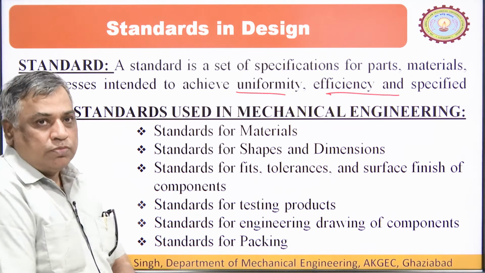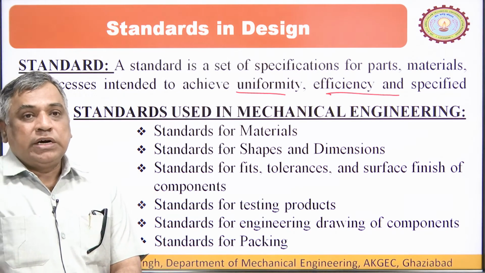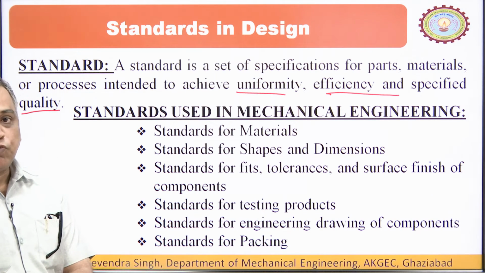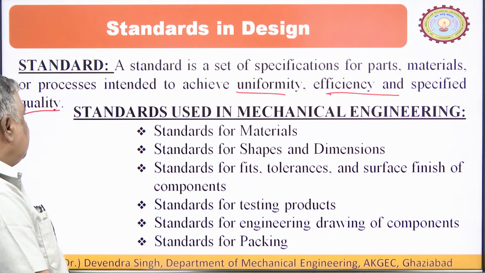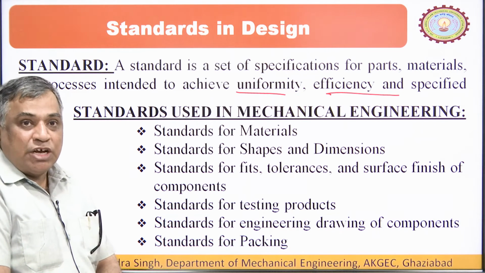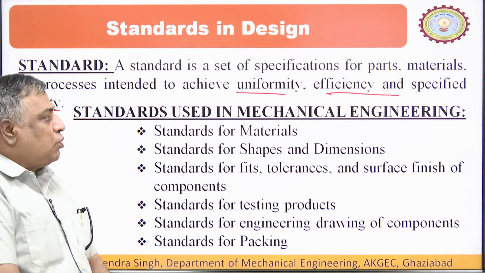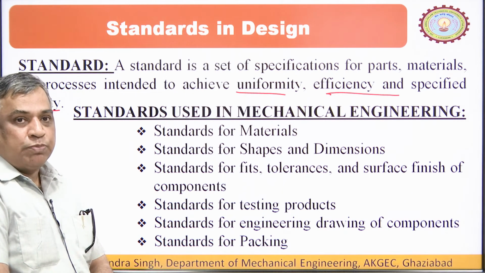So, some norms have to be formed. A standard is a set of specifications for materials, parts, processes, testing methods, etc., intended to achieve uniformity, efficiency and specified quality for that product.